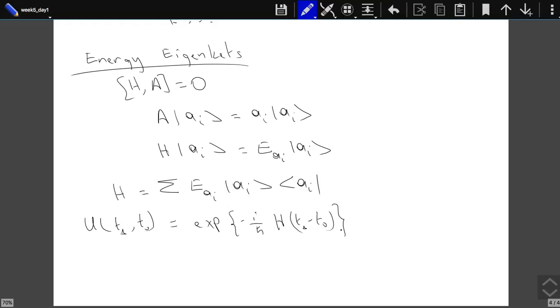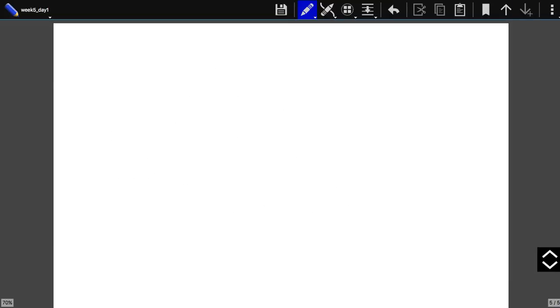Well, the functions of operators, we always interpret them as a Taylor expansion. So this is equal to the sum over n from 0 to infinity of (minus i over h bar (t1 minus t0)) to the power n times 1 over n factorial H to the power n. Well, this is our Hamiltonian operator, so let's calculate its powers.